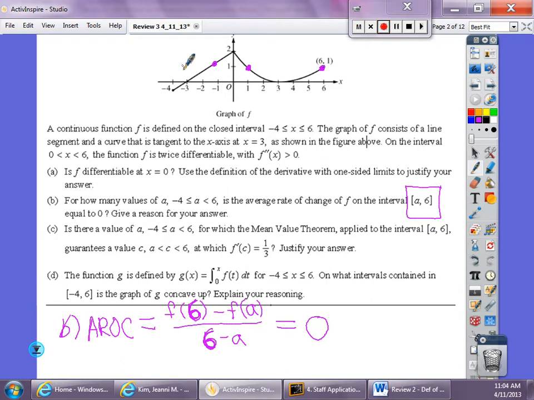Okay, so then it says for how many values? So 2 values, right? And it's because the slope from here to here would be 0, and then the slope from here to here would be 0. I would probably take a little more time to go through my explanation, but you understand the reasoning? Okay, cool.